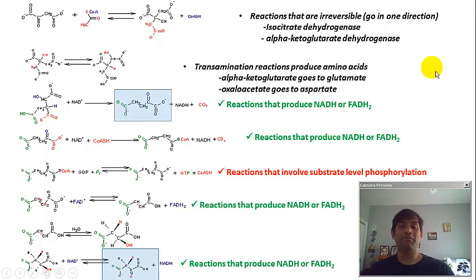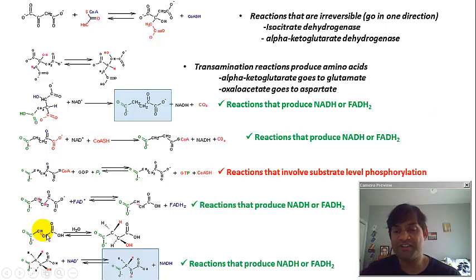And then finally, we want to also start thinking about shunting. So we discussed 2 examples of where intermediates of the TCA cycle, such as alpha ketoglutarate and oxaloacetate, can get converted to their corresponding amino acids. That's very important because one of the main themes in metabolism is metabolites that can shunt in and shunt out.